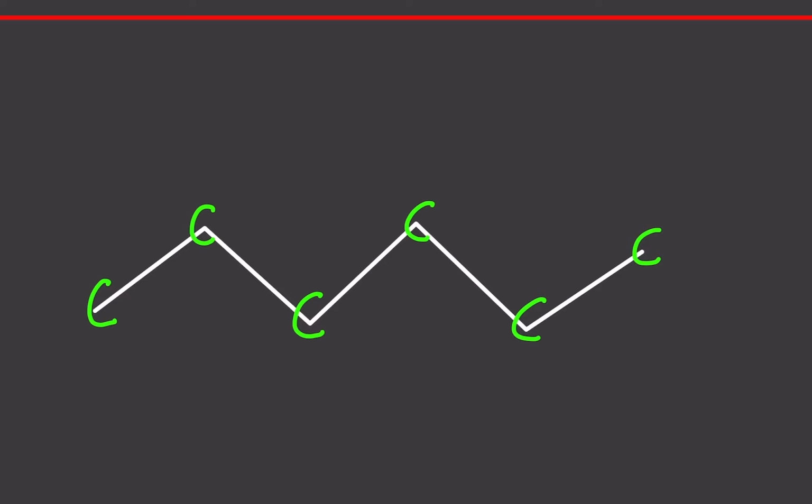So anywhere there's a bend, we've got a bend here, a bend here, a bend here, and a bend here. Those are carbon atoms. And at the very end of the line are carbon atoms as well. So you have 6 carbon atoms here.